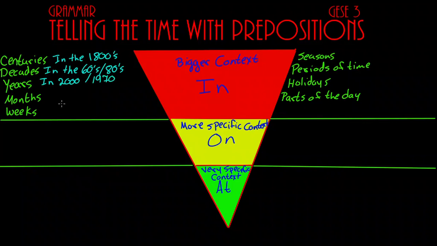Okay? So if we talk about months, we might say in June, in January. If we talk about weeks, we might say something like in 5 weeks or in 6 weeks.